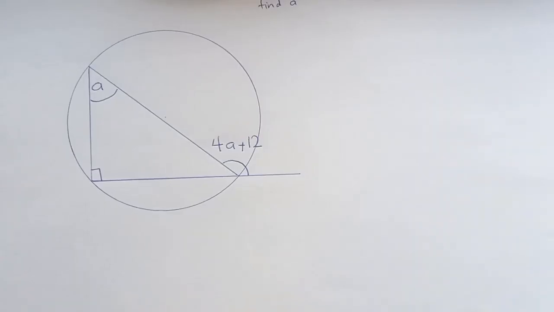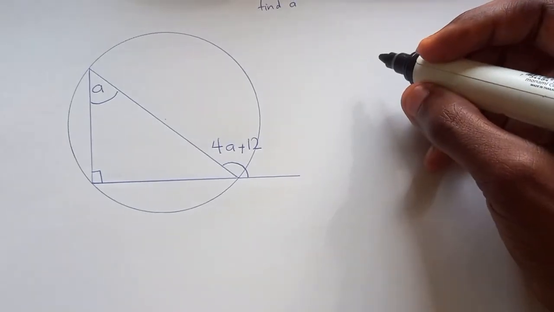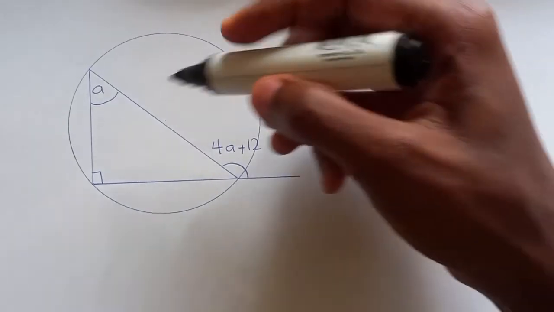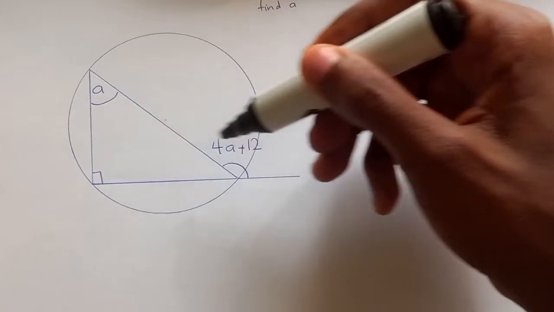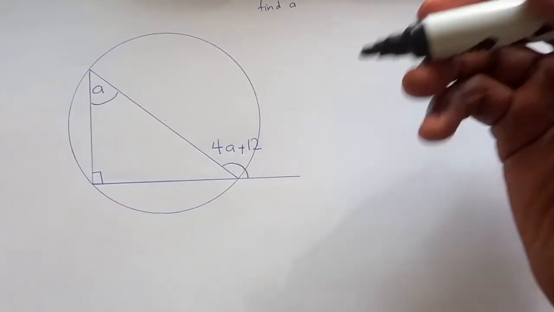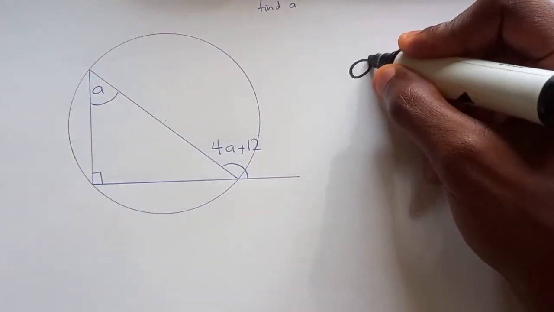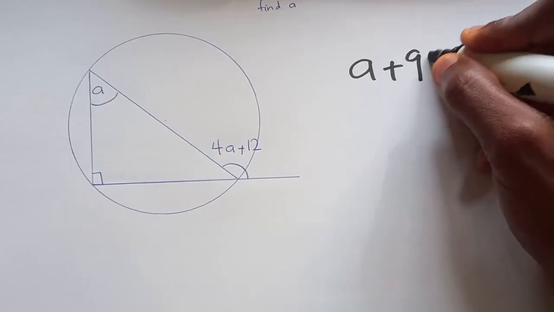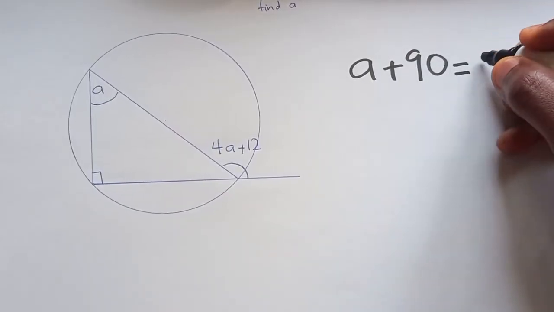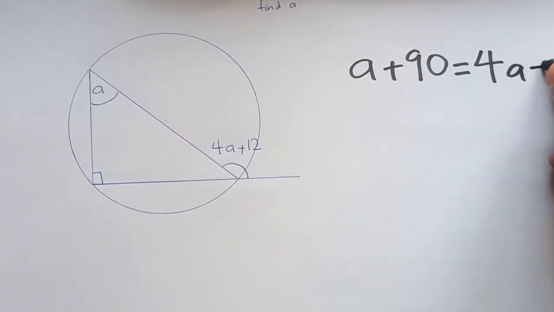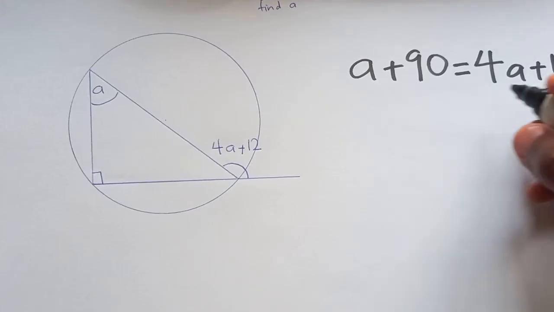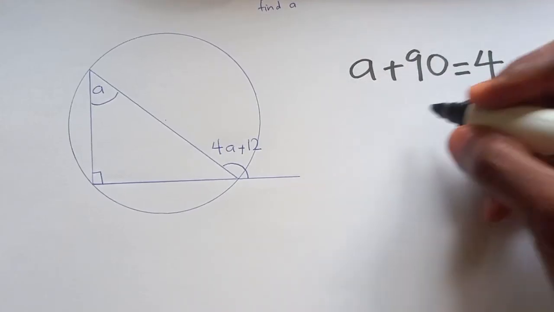So in this question, I'm told to find angle A. And from our angles, we know that A here plus this 90 here is equal to the angle outside. So then A plus 90 is equal to 4A plus 12. So making A the subject, bring A here.